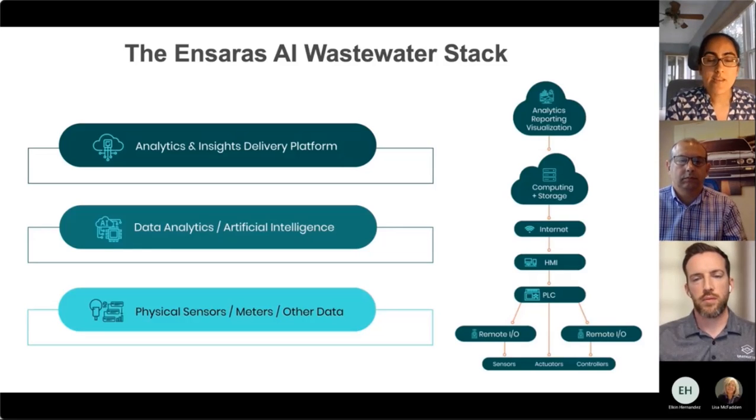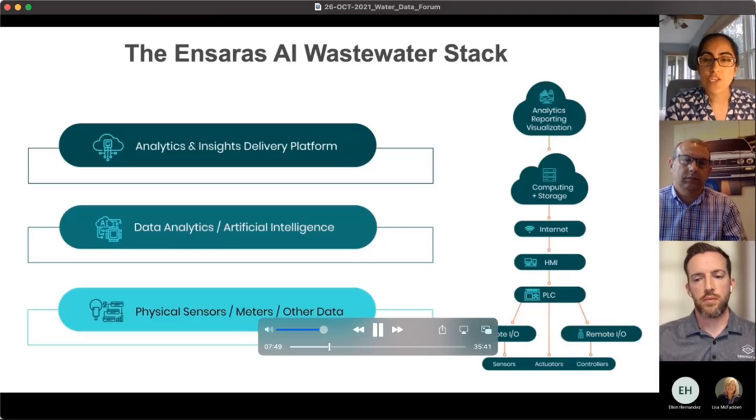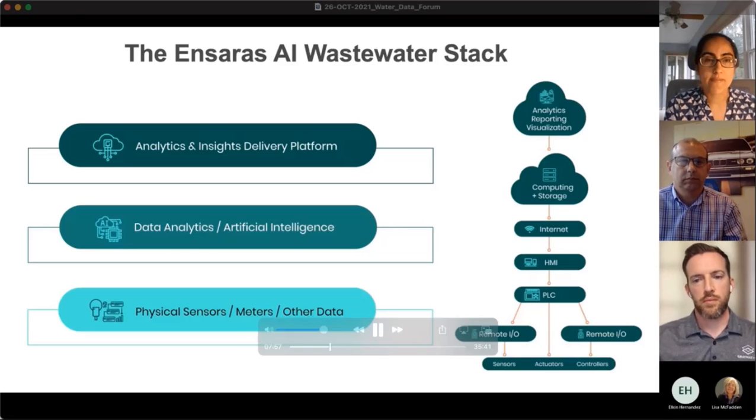And we develop analytics specific for wastewater. So a lot of the times our solutions involve a combination of wastewater engineering solutions with data-driven solutions. So I think that's kind of where we provide some really unique value add.